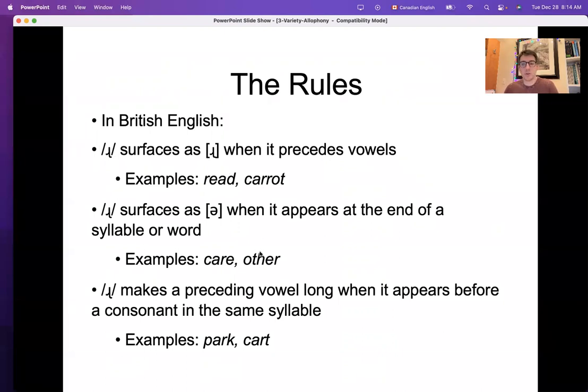These two are called non-prevocalic R's. So these are the rules, and these rules distinguish the majority of varieties of English.